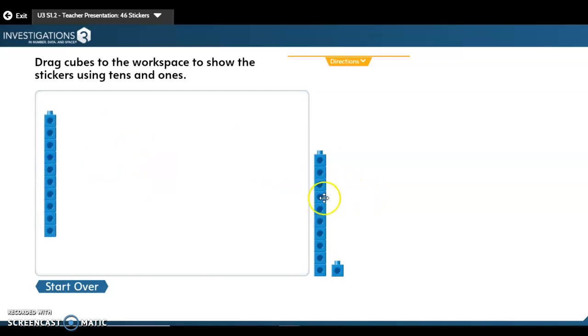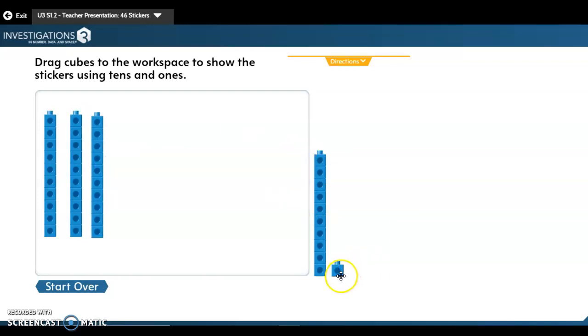So if we start with 10, 20, 30, and we're now going to count up until we get to 46 using our 1s. 30, 31, 32, 33, 34, 35, 36, 37, 38, 39, 40, 41, 42, 43, 44, 45, and 46. So we now have 46 cubes.